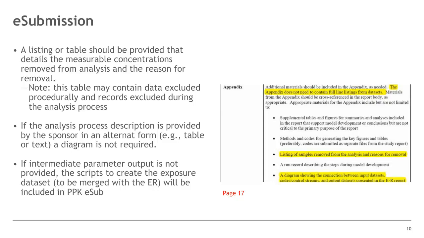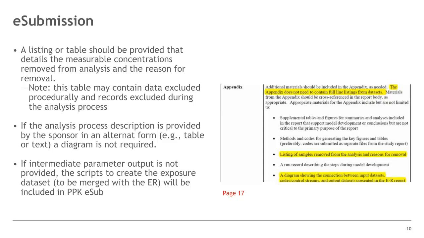For example, you have 5, 6 reasons for exclusion, and you could present it in a table that has in each column a reason and the number of samples that were excluded because of that reason. And they are flagged in the dataset anyway. So, if you filter by the flag, the dataset will have those. But you could provide a listing in the appendix also for the samples that were excluded.